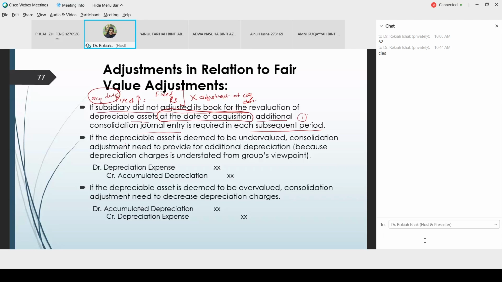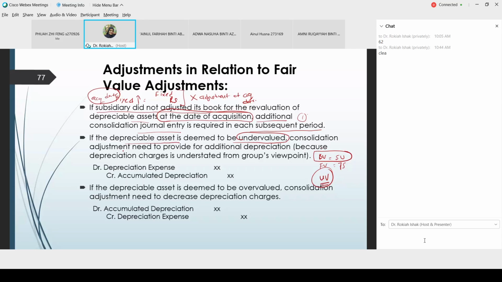Okay, if the depreciable asset is deemed to be undervalued, let's say the book value at the acquisition date is 50,000. Now, based on the fair value here is 75,000. So it means that you're still using the old one without an adjustment. So the asset here is considered as undervalued. So in the case when there is an increase in the value of the asset, it will be undervalued.